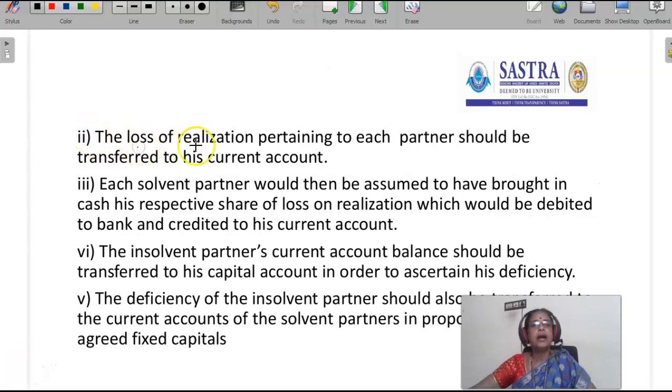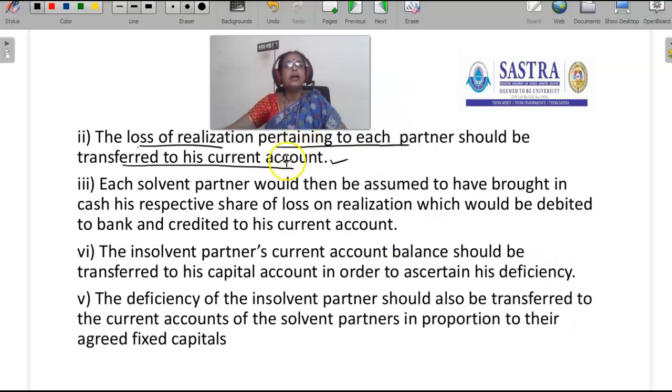Second step: the loss of realization pertaining to each partner should be transferred to his current account. Third step: each solvent partner would then be assumed to have brought in cash his respective share of loss on realization, which would be debited to bank and credited to his current account.